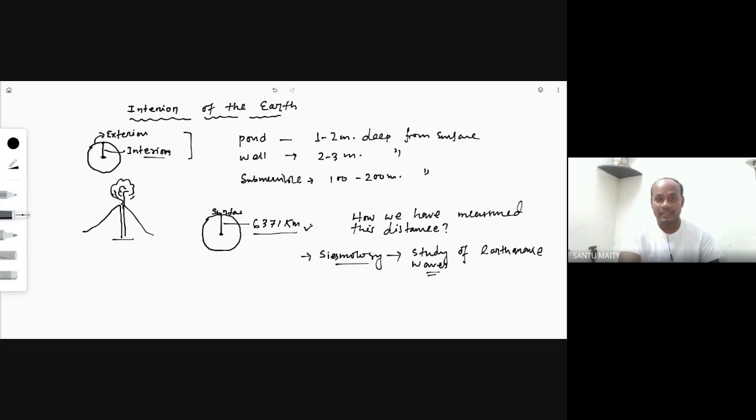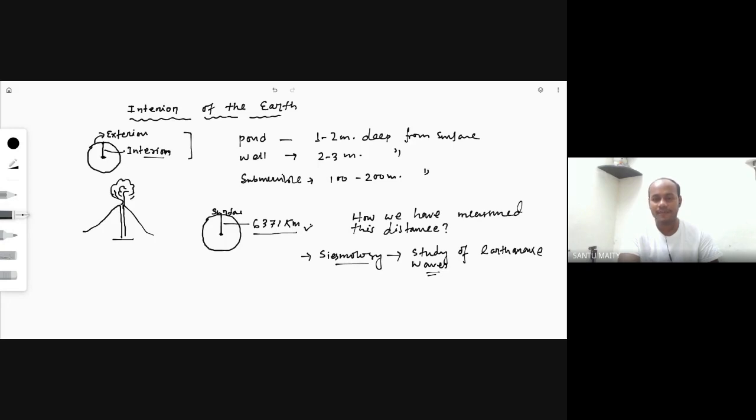But this vibration, as for example, you all have experience of vibration in a mobile phone. When your mobile phone vibrates, this means certain kinds of waves are emanating from that mobile phone.